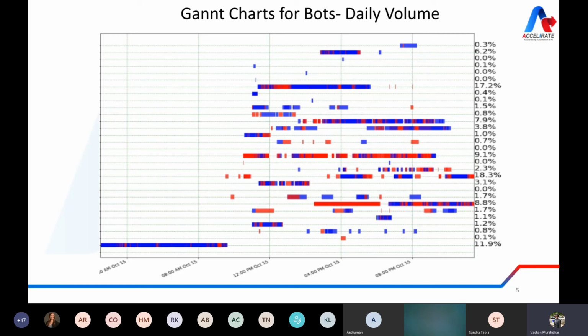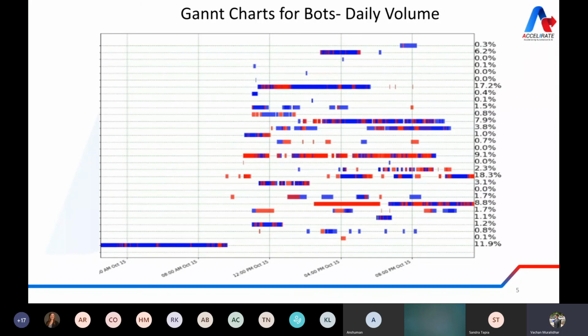Once you integrate it with the SQL database, it produces that Gantt chart. Gantt charts are very useful in understanding bot utilization: when a particular bot is running and when it is not running, for the different processes. This is a Gantt chart for a day, and you can see there are a lot of issues over there.